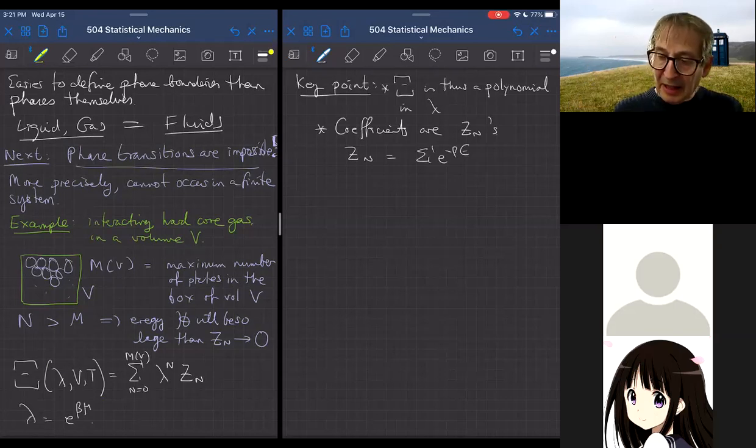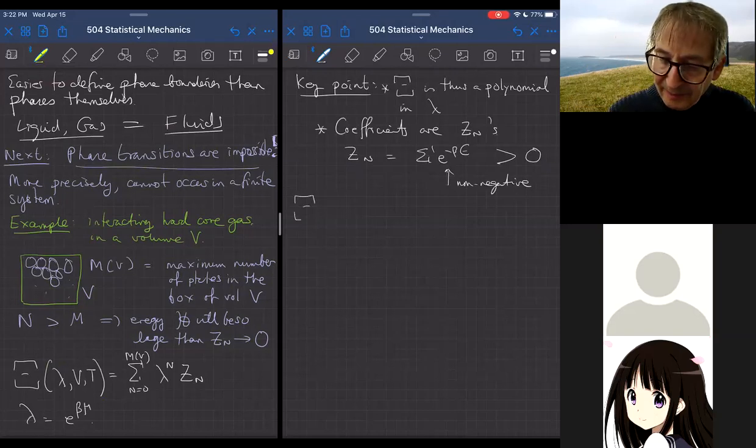And because I have e to the minus x, these terms are non-negative. e to the minus x can never be negative. And so what that means is that the Z's are always positive. And so then what I have is that chi is a polynomial in the fugacity with positive real coefficients.